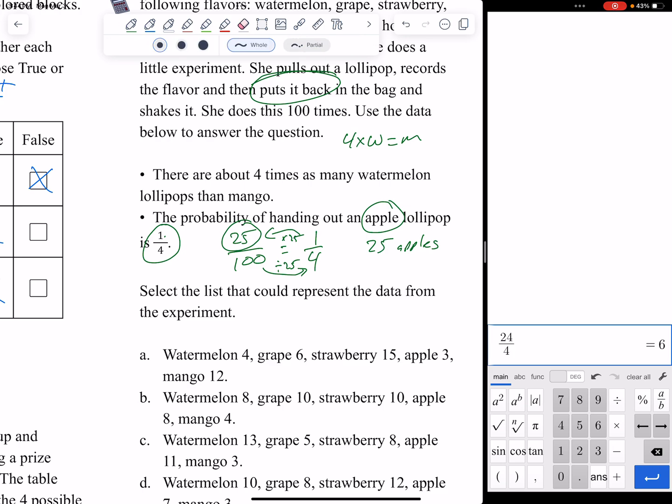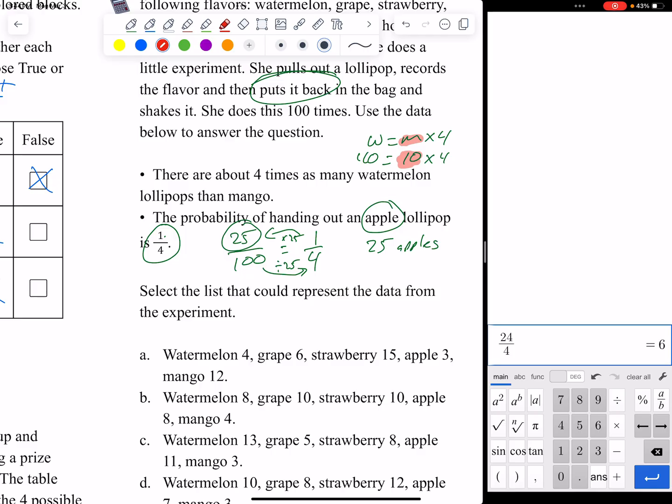No, so it's supposed to be the other way. Let's just try this. If I have 40 watermelons, that's 10 mangoes. And again, I'm just plugging in numbers here. That should make sense because if mango has 10, the watermelon will be 4 times that. So that's another possibility.